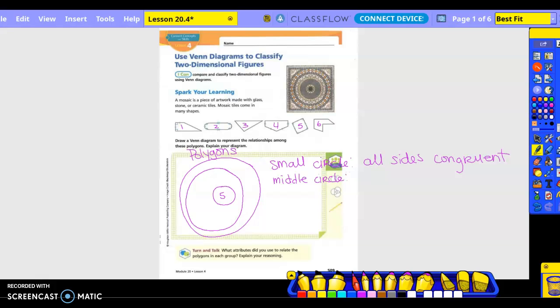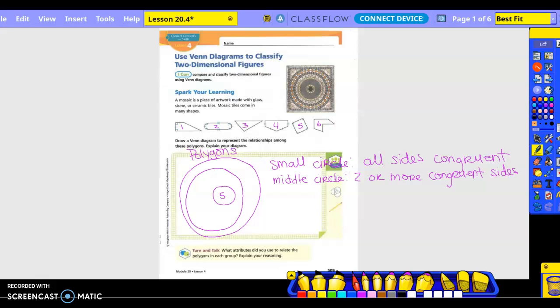Okay, so middle circle. What's another label we could come up with about the sides? Can we say 2 or more pairs of congruent sides? No, we're talking about the length, guys. So 2 or more congruent sides.